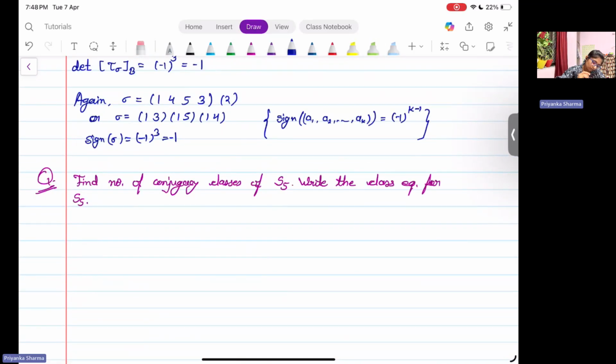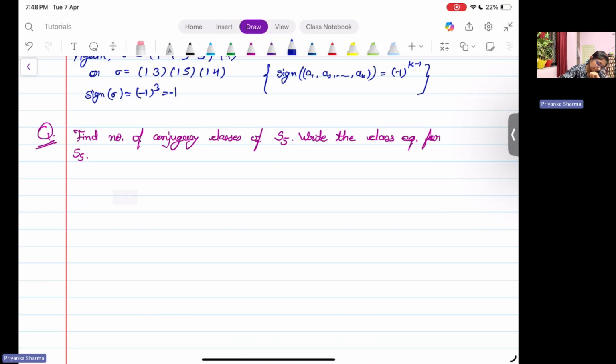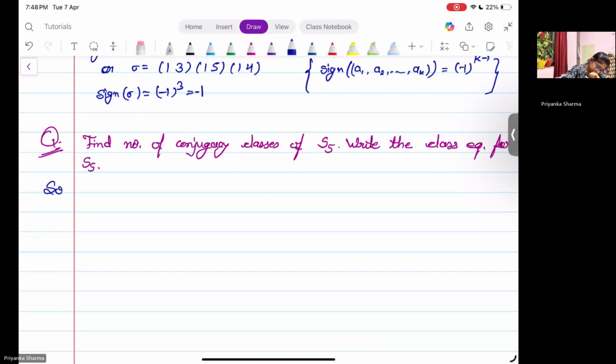Now find the number of conjugacy classes of S5. Also write the class equation for S5. So what are the conjugacy classes? We know that the number of conjugacy classes of S5 is the number of partitions of 5. So we need to find the partitions of 5.